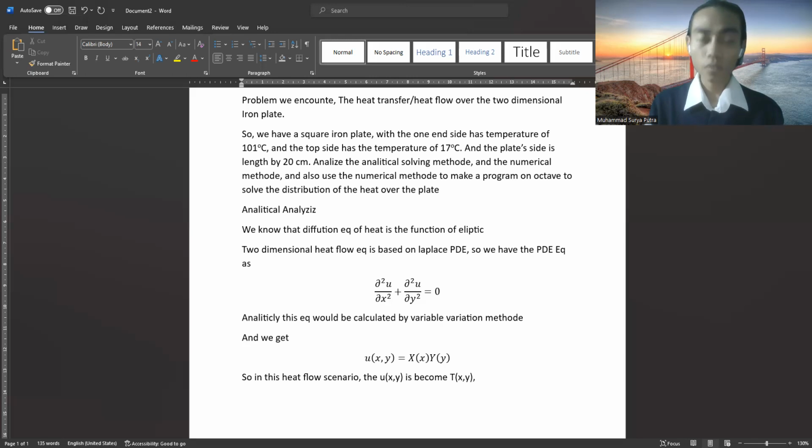And of course we already have the boundary.